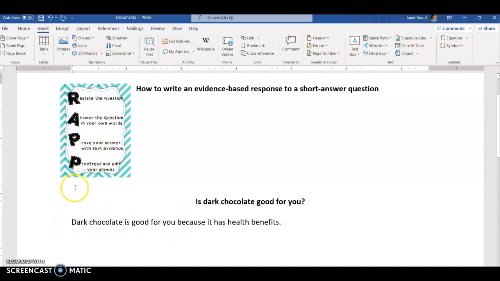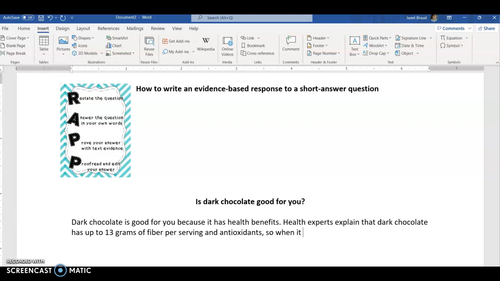Next thing I want to do is prove the answer with text evidence. So let's assume that I have read an article about dark chocolate, and I'm going to cite some evidence by just referring to them as health experts. Health experts explain that dark chocolate has up to 13 grams of fiber per serving, and antioxidants.